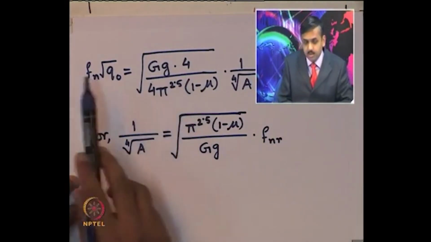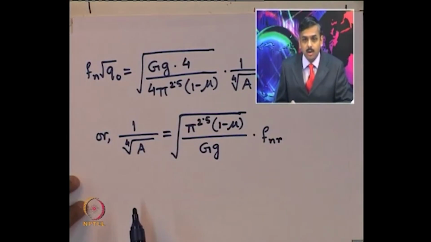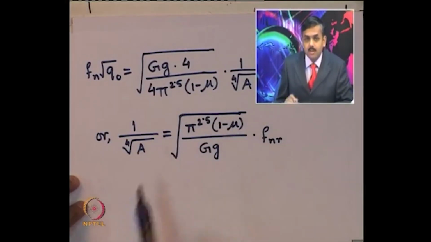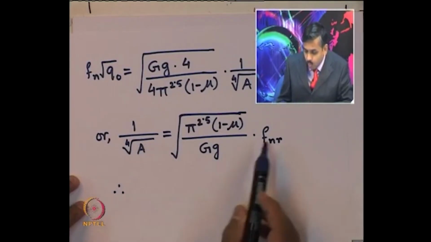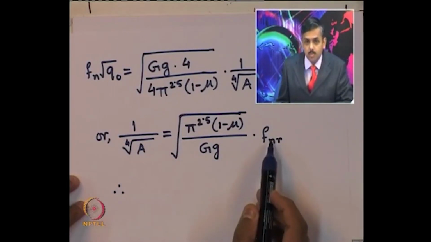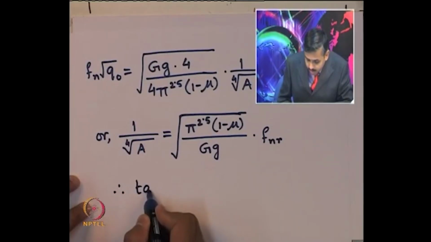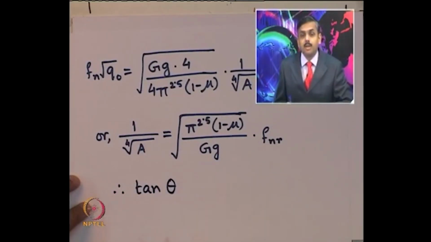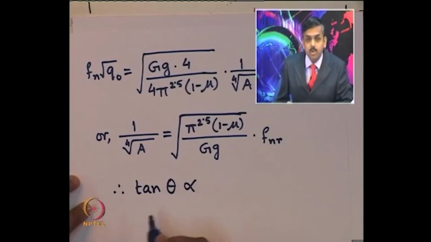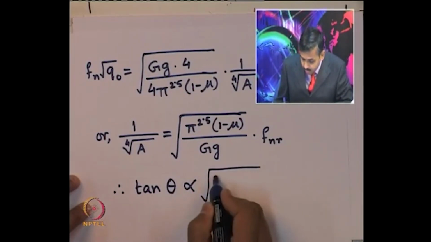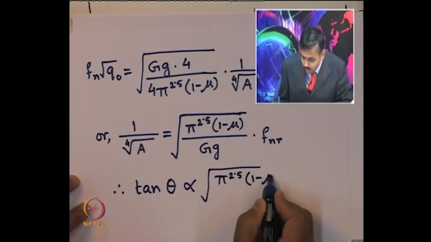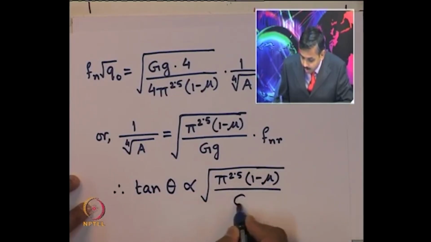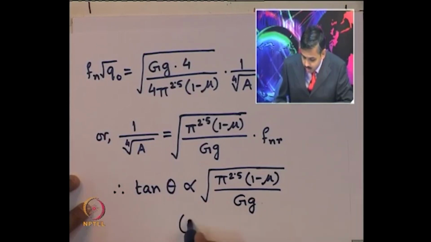By taking this term over there, we can write like this. This one is nothing but our tan theta. Therefore, in the plot of this y versus x in Chebotarev's plot, that tan theta is nothing but proportional to this term pi to the power 2.5 times 1 minus mu by g, which is proved.